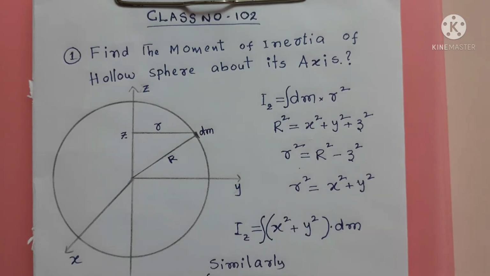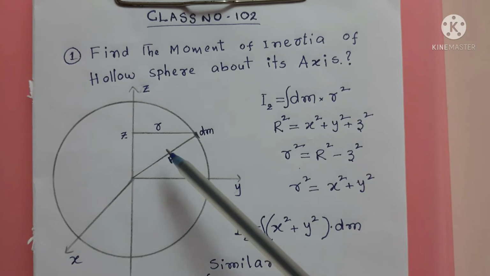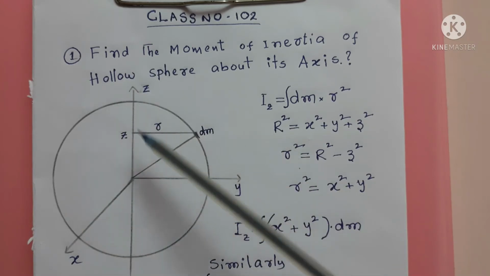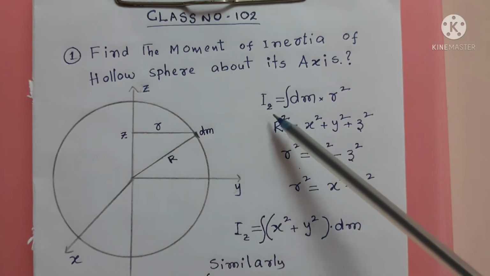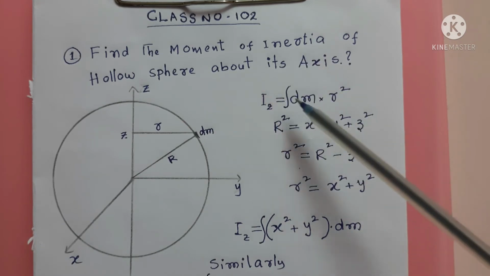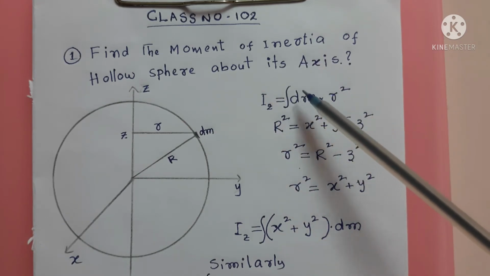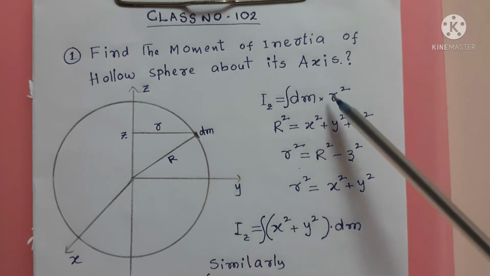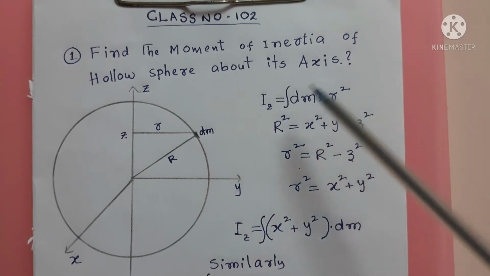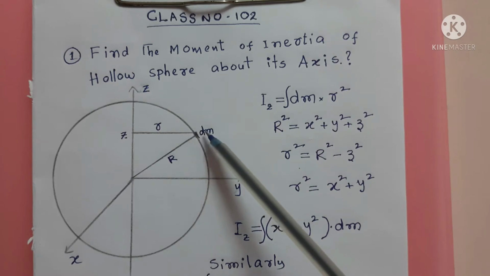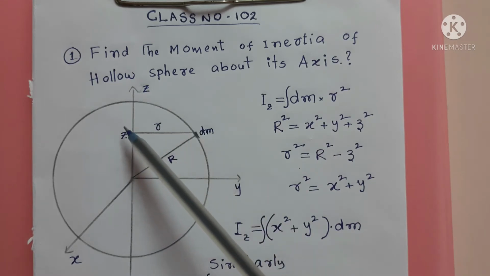Simple formula, moment of inertia is mr square. Now we are taking a small part of the sphere, that is dm, and we are finding the moment of inertia about the z-axis. So the moment of inertia of this hollow sphere about the z-axis is Iz equal to the integration of dm r square. dm is the mass of this small part, and r is the perpendicular distance of this dm from the z-axis.